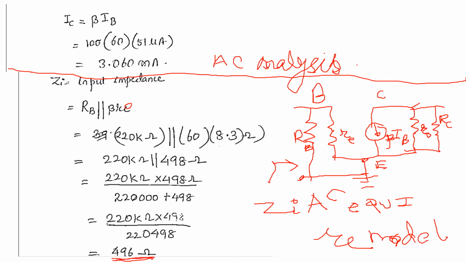After substituting the various values of RB and solving, you get the value of input impedance.